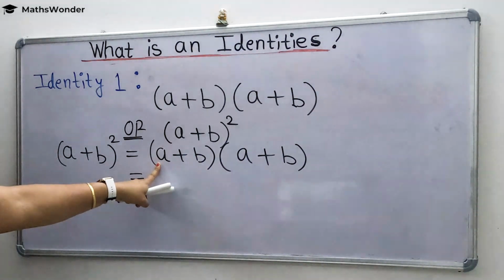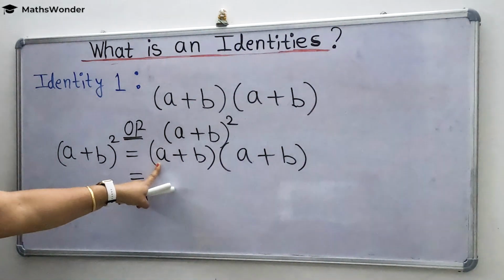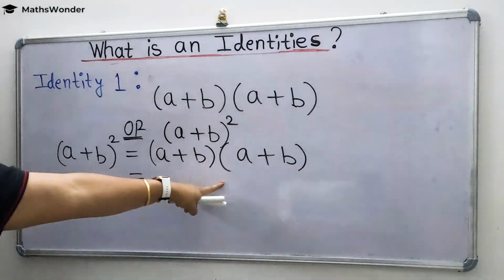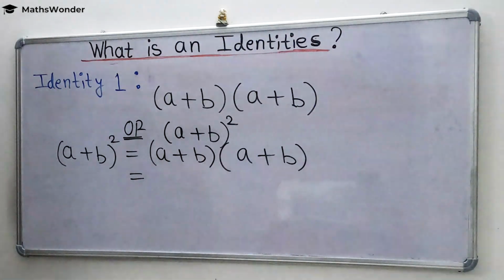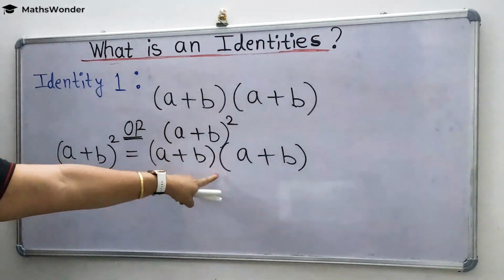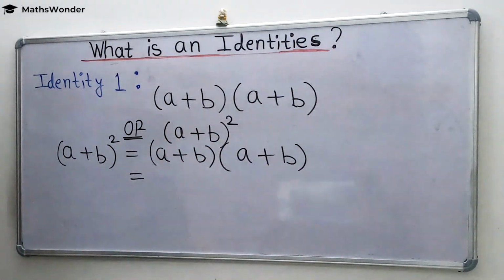Monomial, binomial, which type? It's a binomial. And this a plus b is also binomial. So I already told you these identities are obtained by multiplying a binomial by another binomial, right?